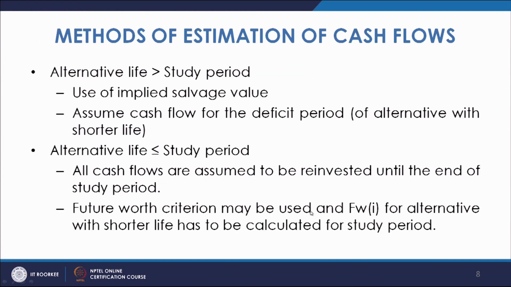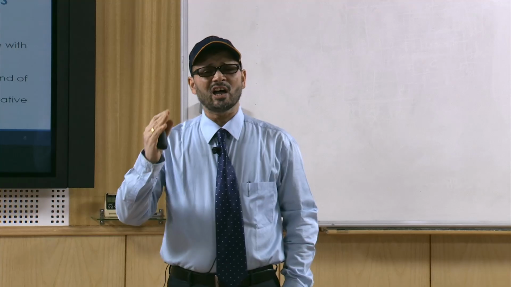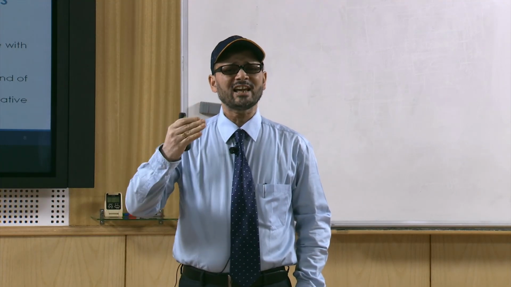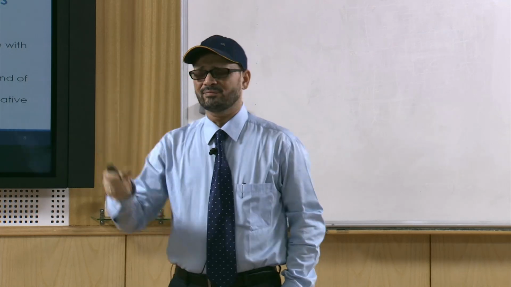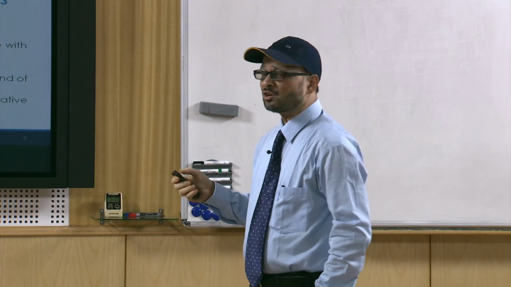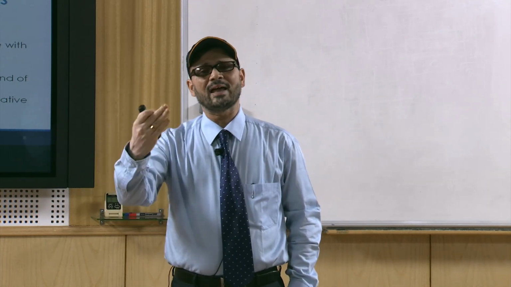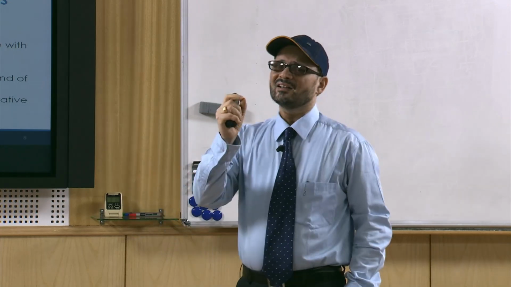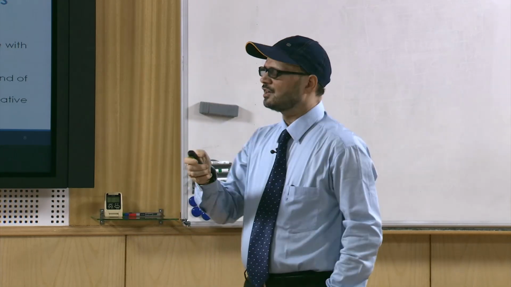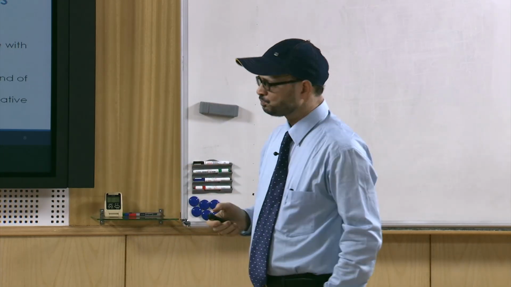The salvage value is the residual value of the asset at the end of its complete life. So, since the asset is not being used for its full life, it has still more salvage value left, that is known as implied salvage value.